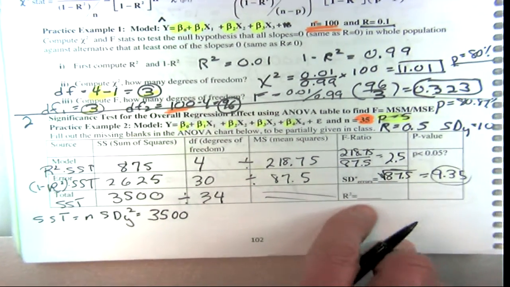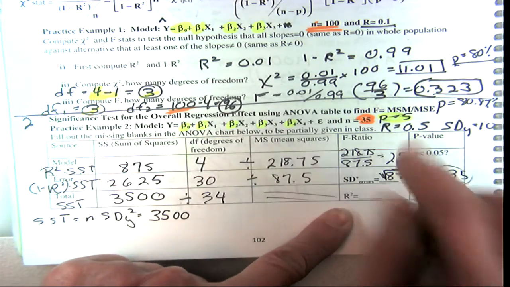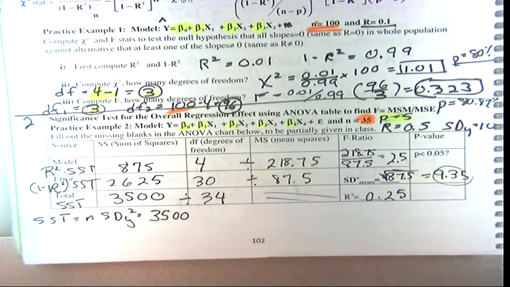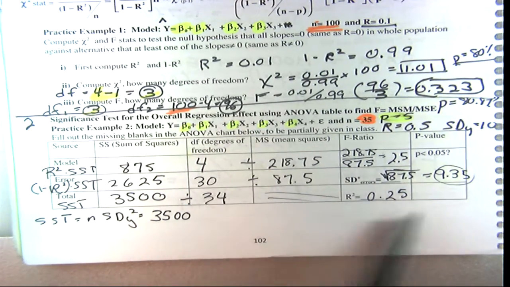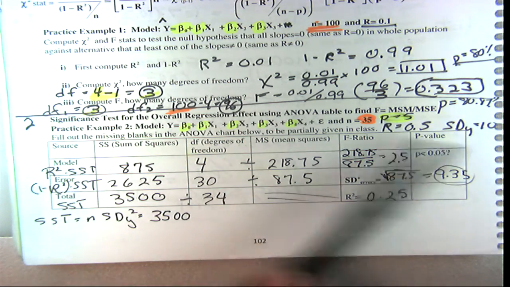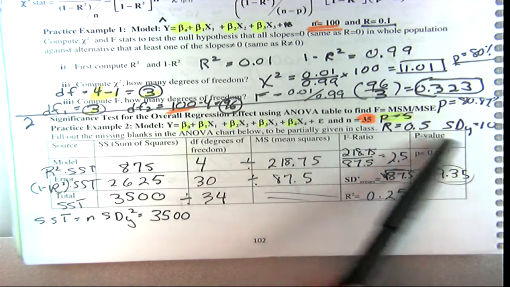And then I should have written the R squared down here. That is just 0.25. So it's sort of overdetermined. We have multiple ways of doing this when I give you this much information, like the standard deviation of the y's and R.